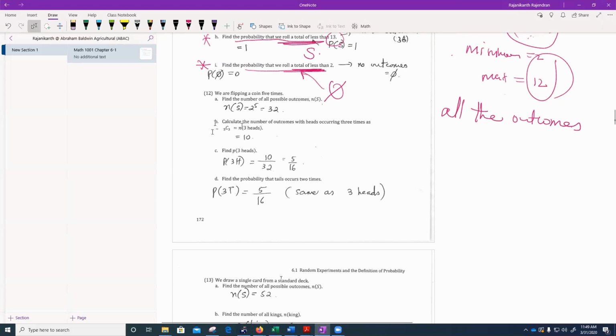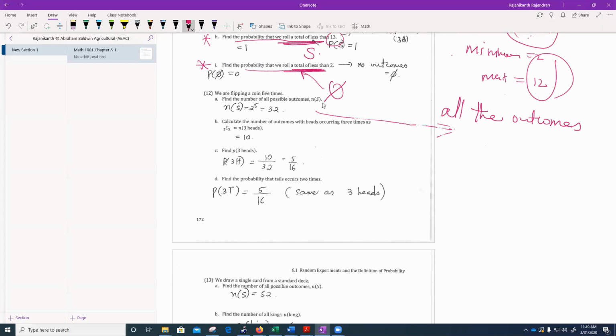So we are flipping a coin 5 times now. Therefore, my sample space has how many outcomes? 32 outcomes. Why is that? Because remember in chapter 5, the counting principle says, if you perform 5 tasks, you have to count how many outcomes there are for each task, then multiply them.